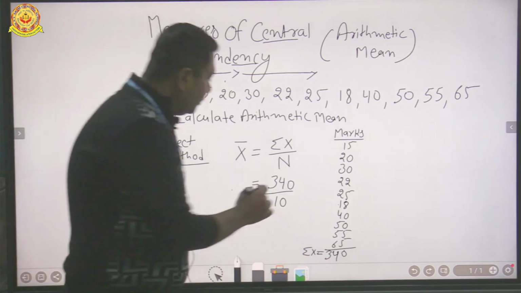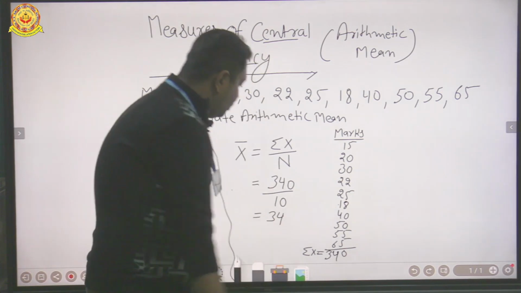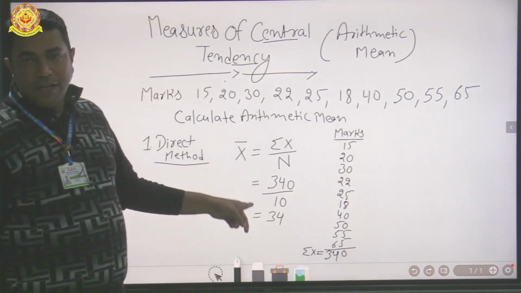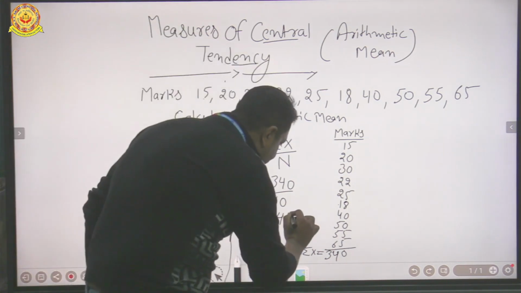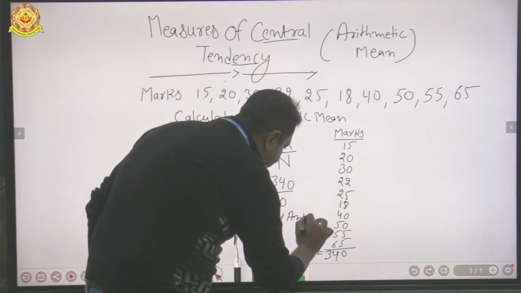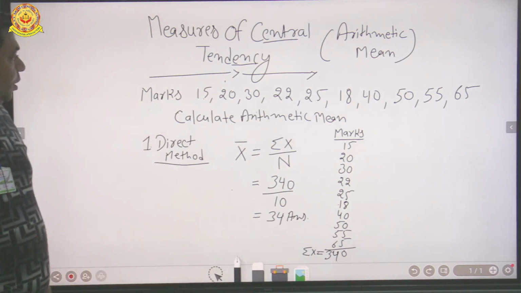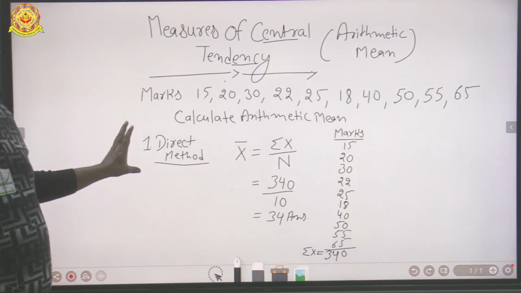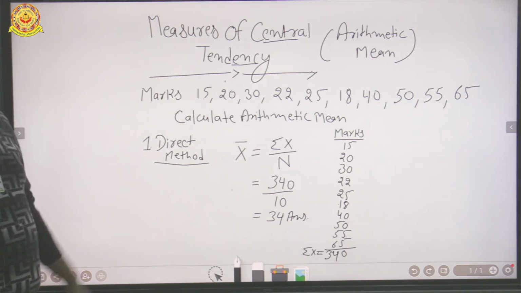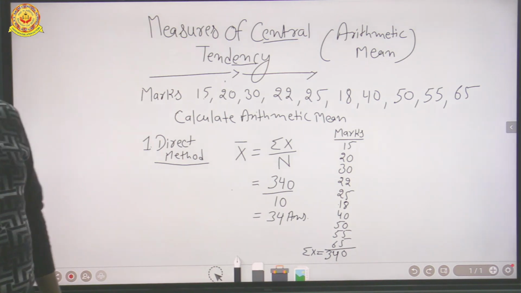So the arithmetic mean, or the value of x bar, is 34. It is our final answer. So in case of the individual series, we have calculated the arithmetic mean by using the direct method. Okay, got it?